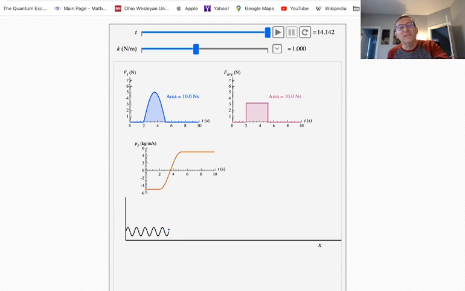And you can see it says for the red curve, area equals 10 Newton seconds. F average is by definition the value such that the area under the red curve equals the area under the blue curve.